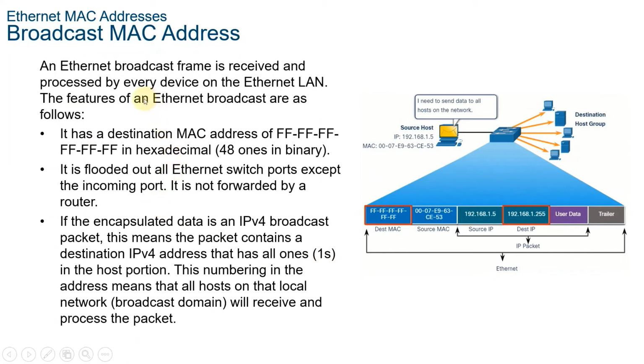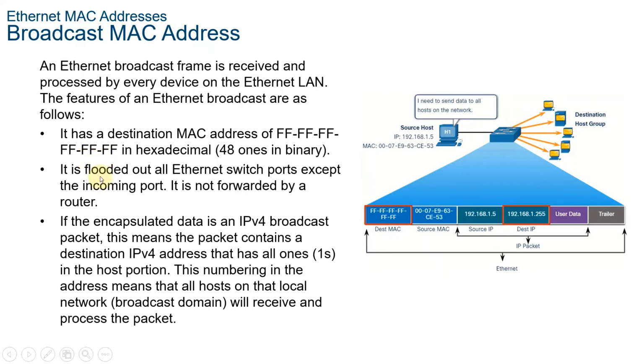The next one is the broadcast MAC address. An Ethernet broadcast frame is received and processed by every device on the Ethernet LAN. The features of an Ethernet broadcast are as follows. It has a destination MAC address of FF-FF-FF-FF-FF-FF in hexadecimal, or 48 ones in binary.